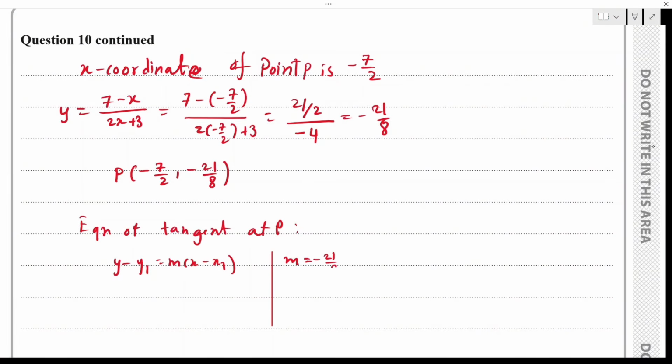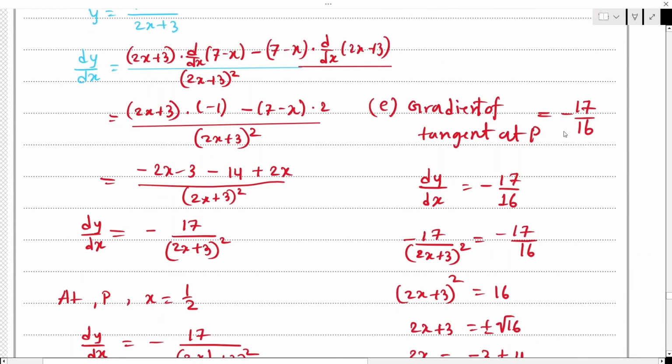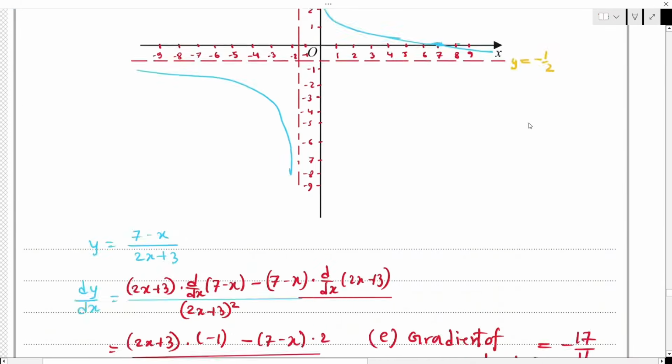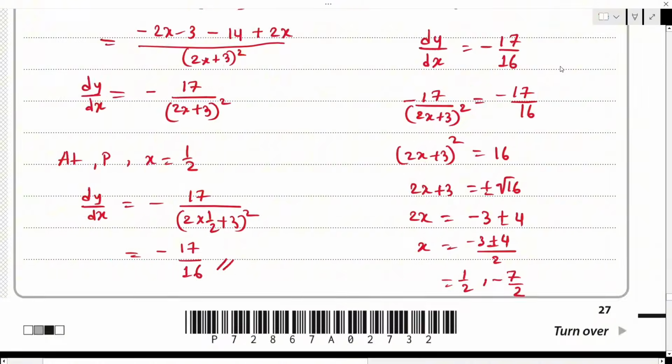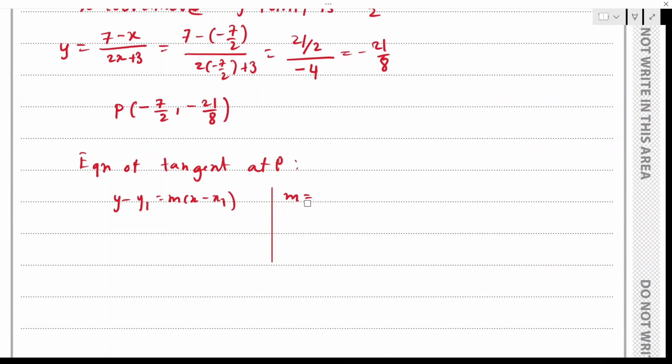Here, m is equal to minus 17 by 16. As the two tangents are parallel, the gradient of the other tangent will be equal to the gradient of this tangent.